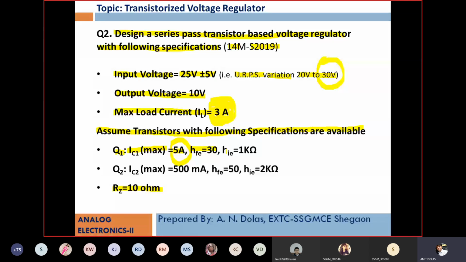Transistor Q2, which is of course the error amplifier transistor, has IC max 500 milliampere, HFE, that is beta, is 50, and HIE is 2K. We need this HIE and HFE in calculating stability factor, and the Zener resistance is 10 ohm.